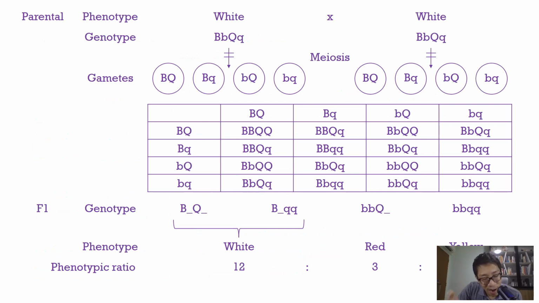So if you have drawn the diagram, you can check against mine. It is dominant epistasis due to the presence of the dominant big B allele. So 12:3:1.